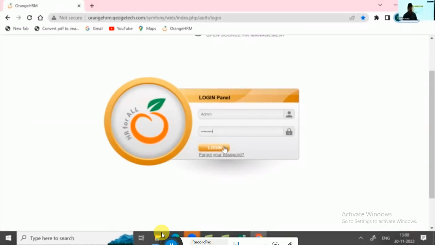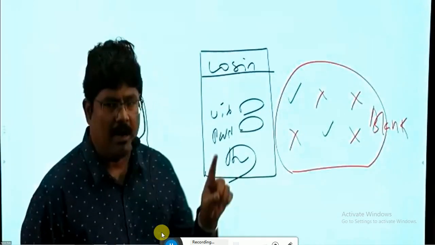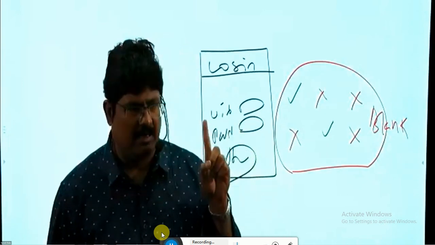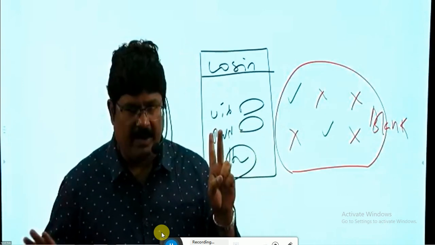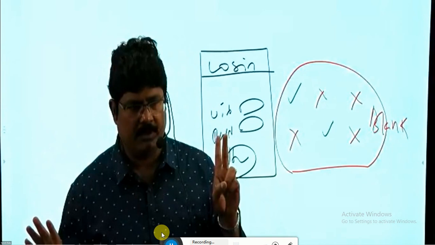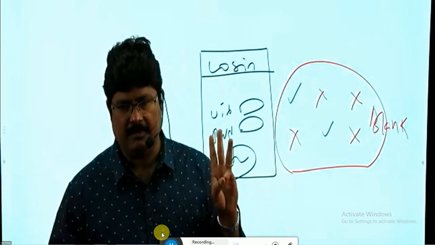Let me give another example here. In some application, we are testing an online payment gateway functionality, payment via credit card or debit card. The fields while making a payment are: card number, name displayed on the card, expiry month and year, and CVV number.